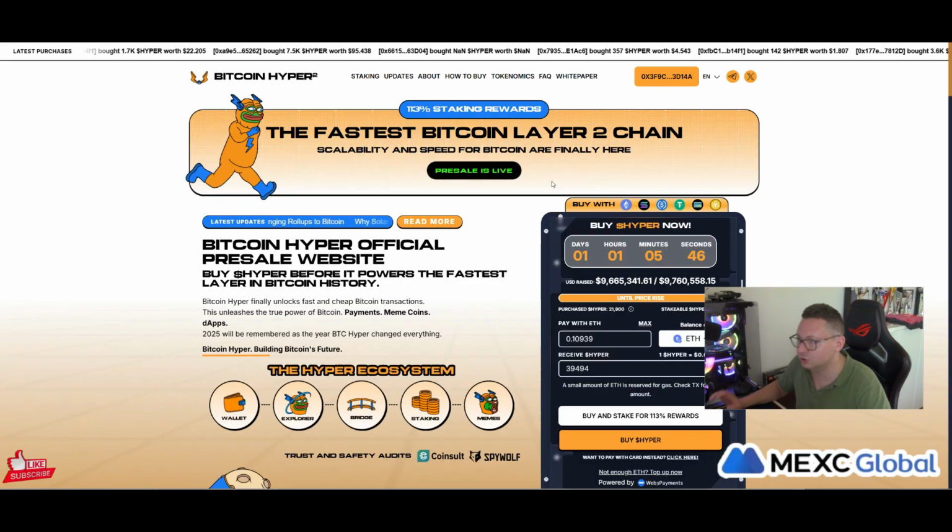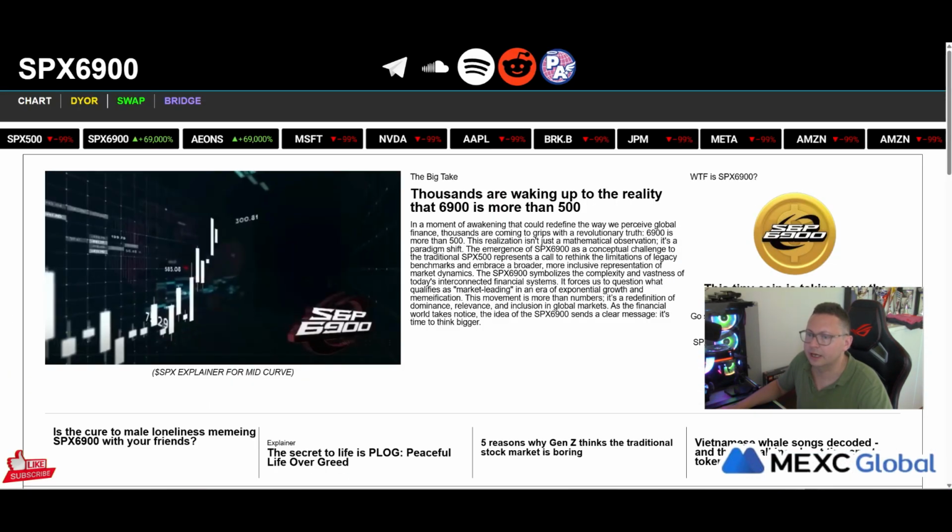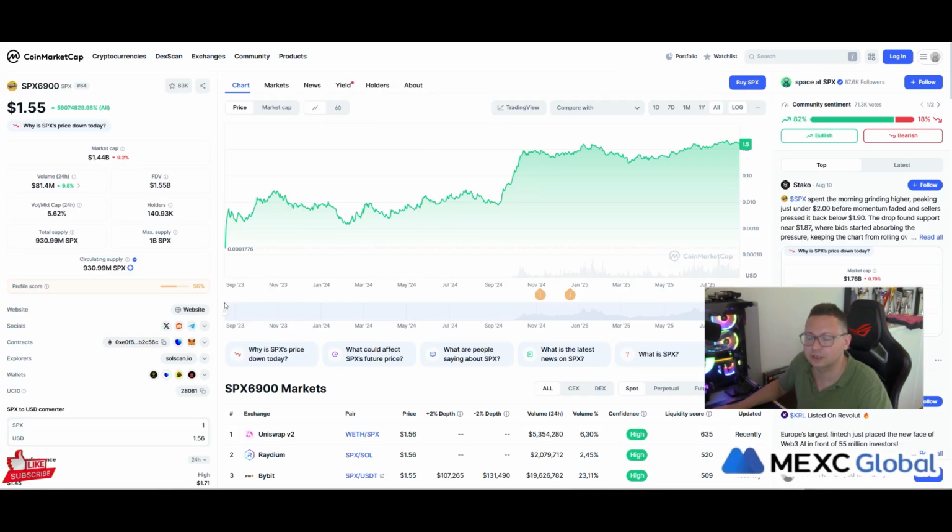Because remember guys, I showed you different charts where we often see those coins coming out, also like this SPX 6900. They come out, they often pump and dump, but important is that you are always before the first pump in those coins. Not always, of course, do they pump like crazy. Nothing is guaranteed, of course. It is also no financial advice, but at least we have seen a big trend with those new coins.